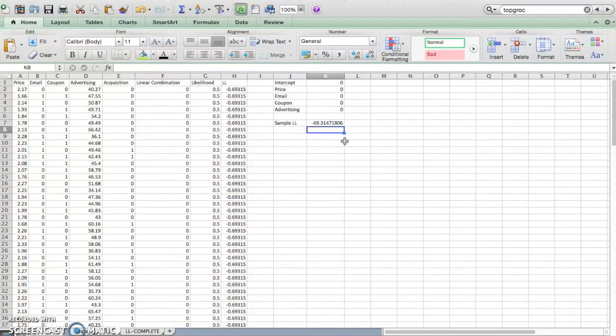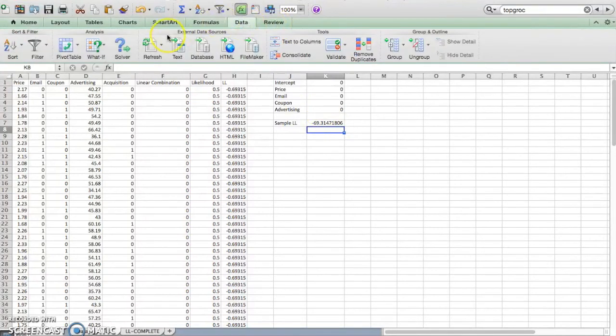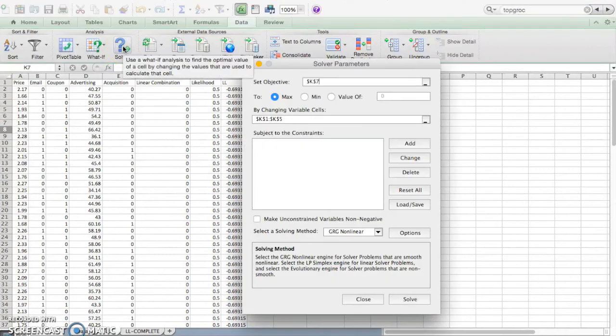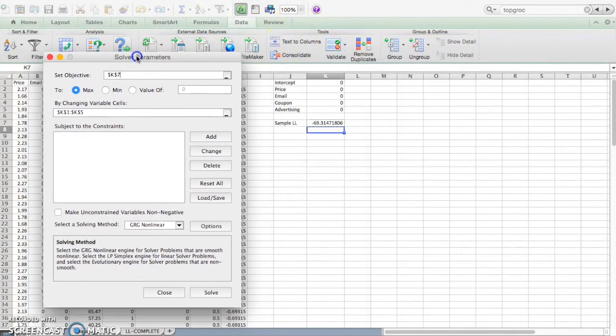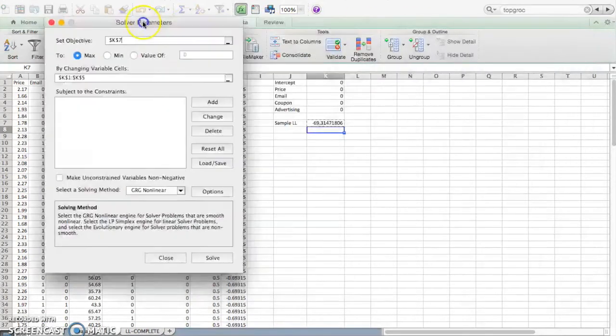Now I'm going to go to the solver feature on Excel to find the intercept and coefficient values. So I go to the data ribbon and then solver. The solver will ask us what cell contains our objective. That will be the sample log likelihood. So that is indeed cell K7.